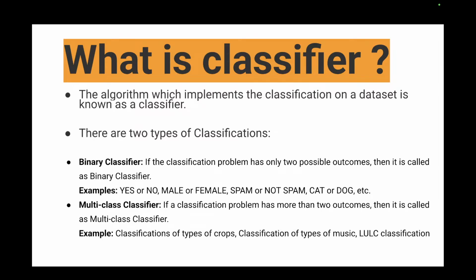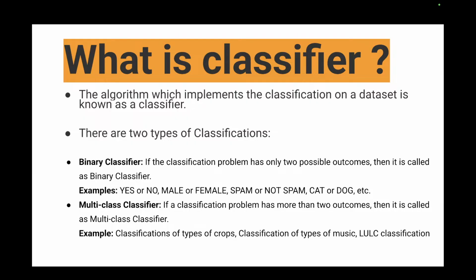The algorithm with which we implement the classification on a data set is known as a classifier. Suppose random forest is one kind of classifier. Support vector machine is one kind of classifier. Or CART, classification and regression trees, is one kind of classifier. So this type of algorithm is called a classifier in Google Earth Engine.